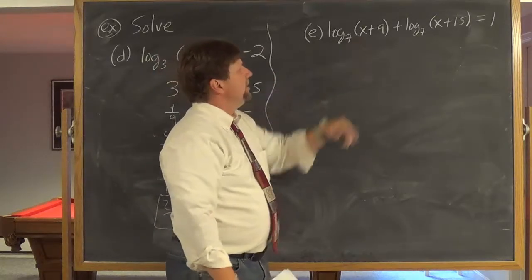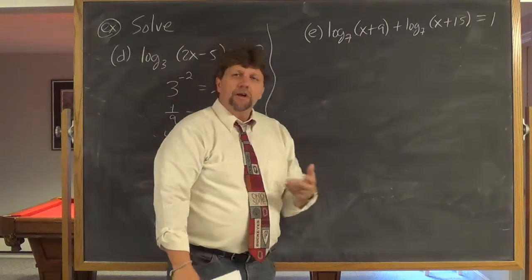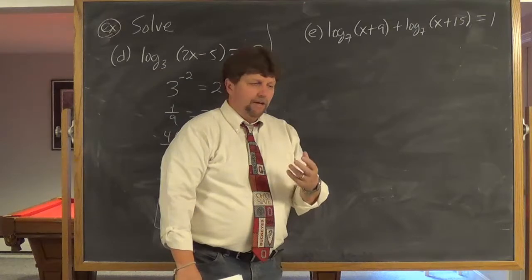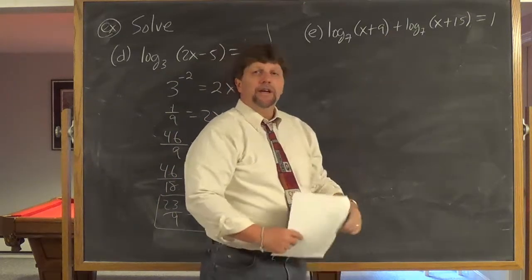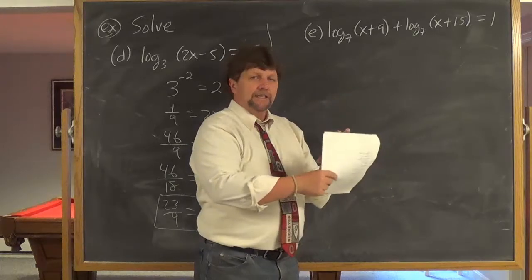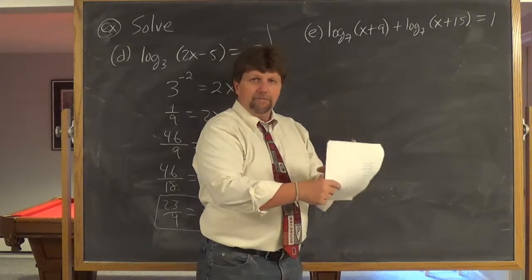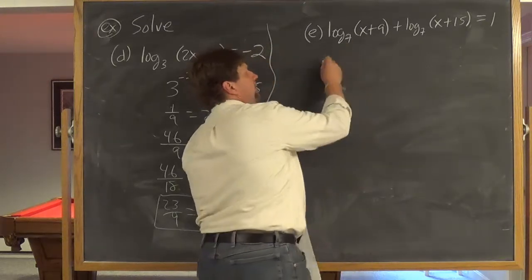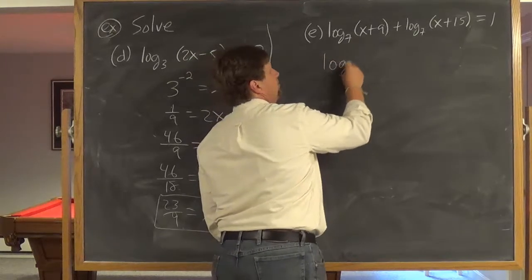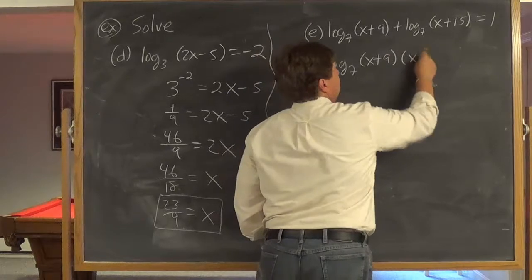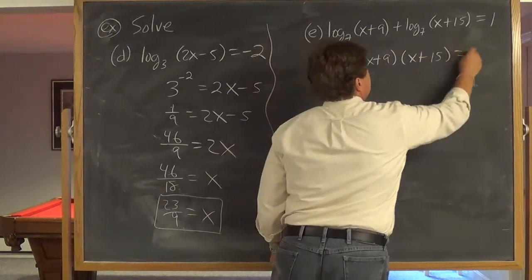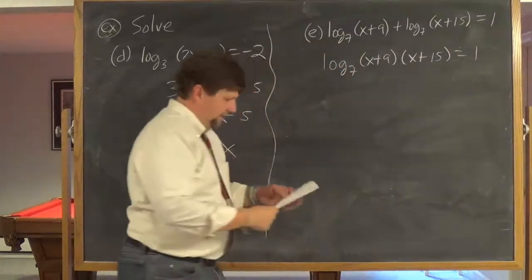Okay, so for this one, we have to start off using the laws of logarithms. In fact, law of logarithms number 1: we have an addition over here, so we can rewrite that as a single logarithm, but as a product. So I can rewrite this as log base 7 of x plus 9 times x plus 15 equals 1.